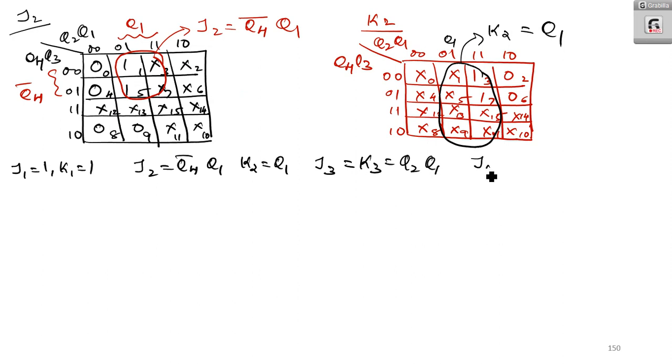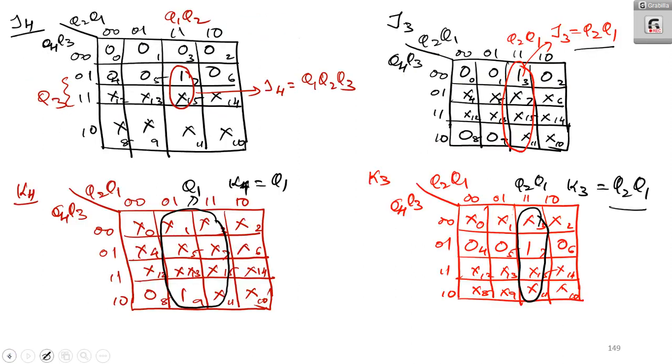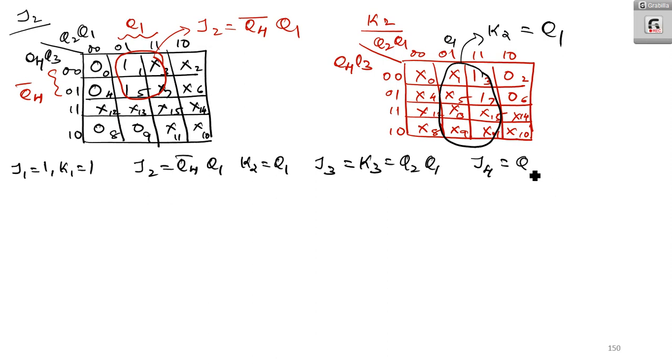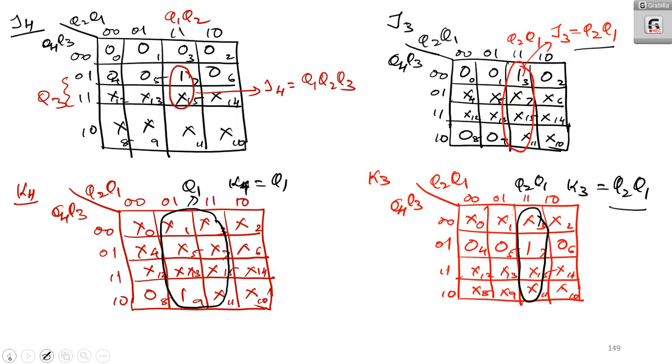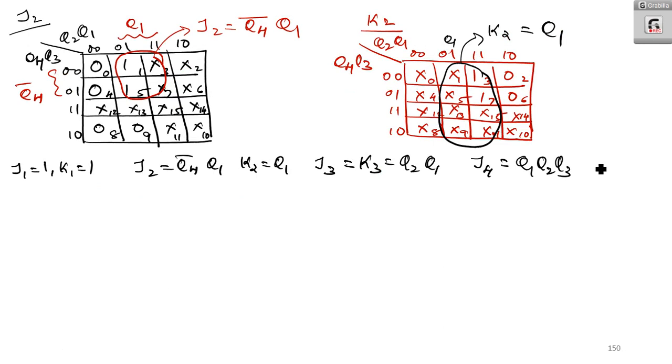Now J4 is equal to Q1 Q2 Q3, and K4 is equal to Q1.